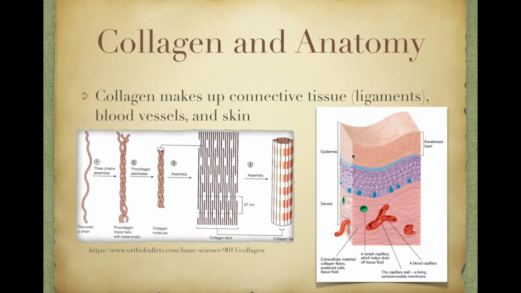You have the dead skin cells on the top, on the outside, then a layer of live skin cells that grow, and you have hair follicles mixed in with those. And then below that is a collagen layer, and collagen also makes up the walls of blood vessels. So collagen is widely used in the body in animals and people as connective tissue to hold things together.